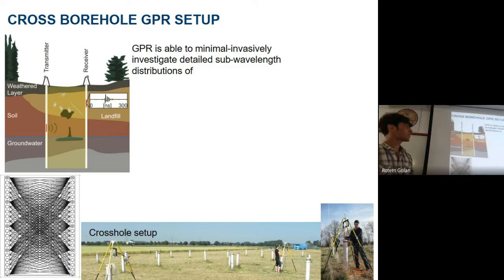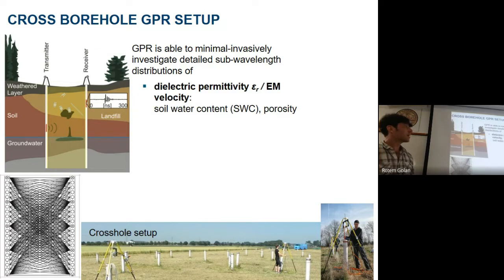What we measure, the signal, is affected by the electrical properties of the medium, and the dielectric properties that affect the wave propagation are the dielectric permittivity, which is related to the electromagnetic velocity of the wave, which lithologically is related to the soil water content.